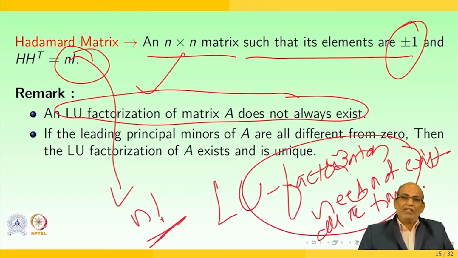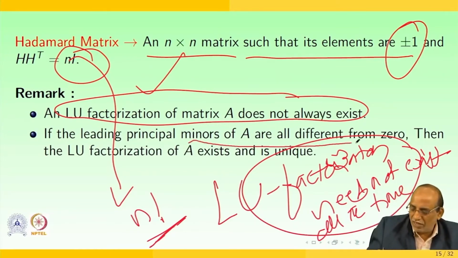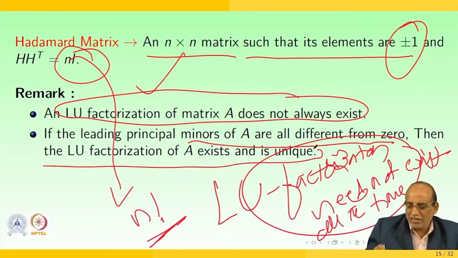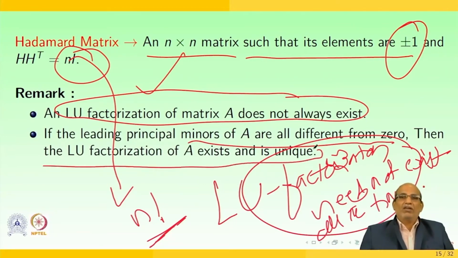If the leading principal minors of A are all different from 0, then the LU factorization of A exists and is unique. Right?